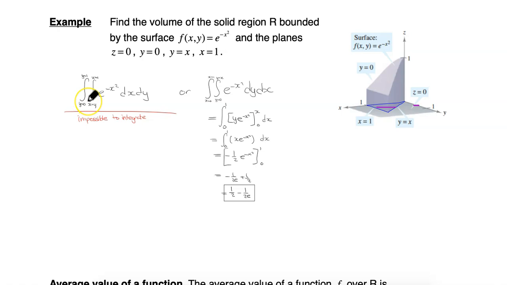So y goes from 0 to 1, and then x goes from x equals y to x equals 1 of this function. If, on the other hand, we decide that we want to integrate in the order dy dx, then we need to look at x first. x ranges from 0 to 1, and then if I pick a certain x here, then y will go from 0 all the way to y equals x.